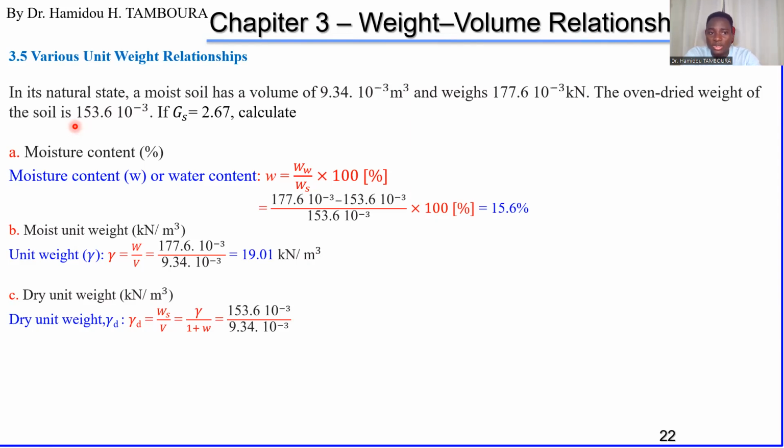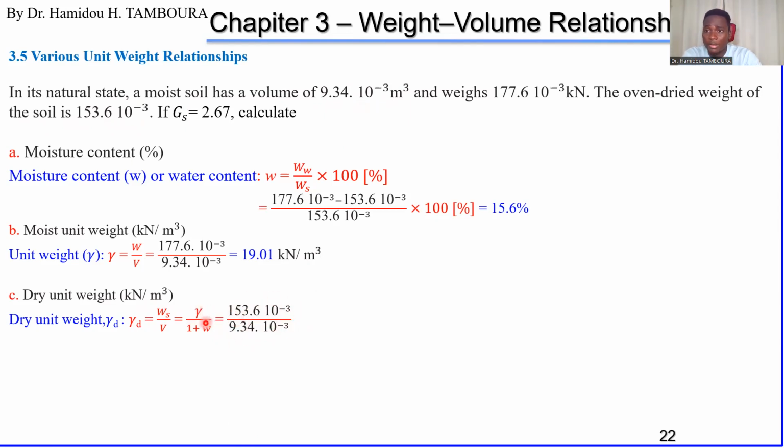So this means that this weight is just the weight of the soil particles. The weight of soil particles is given here, and the total volume is also given here. So we can calculate this very easily using this equation.